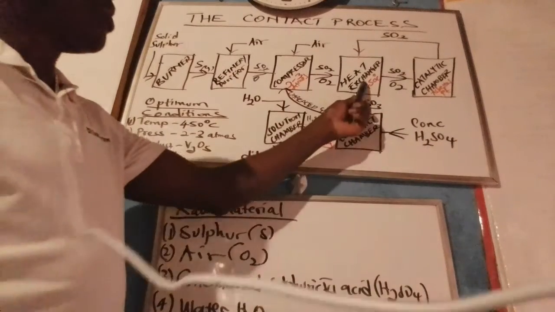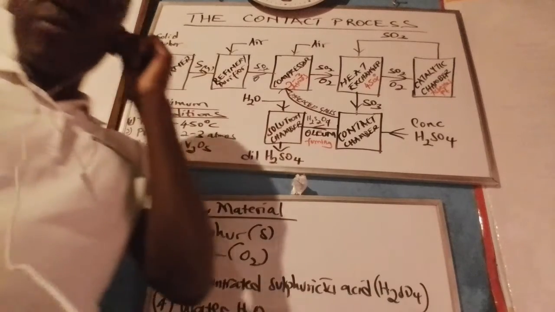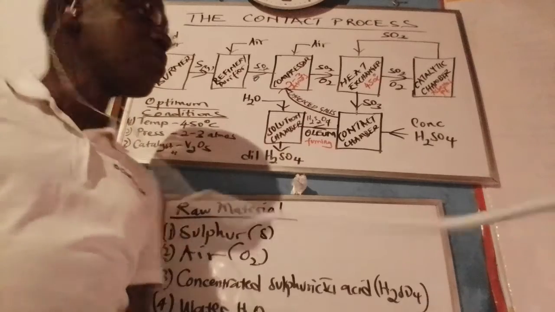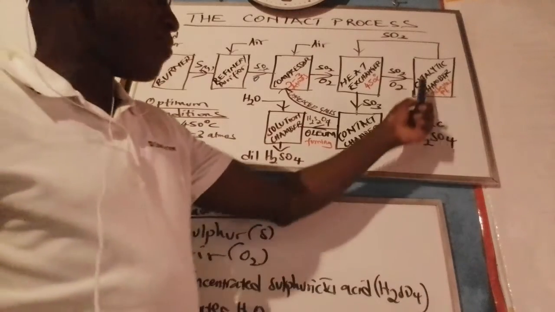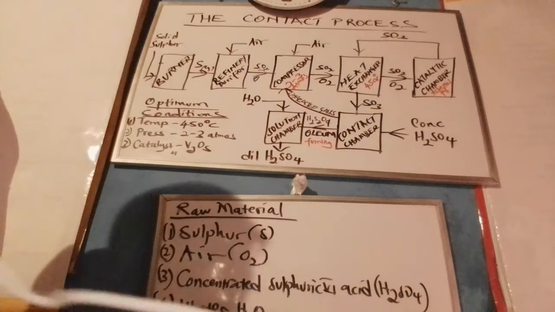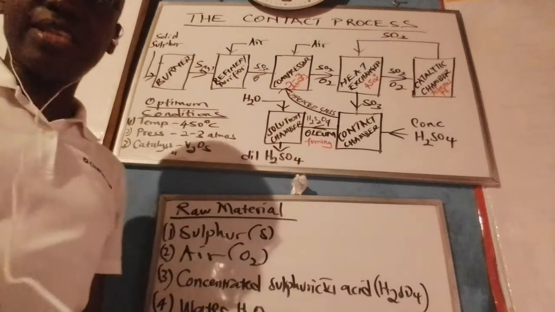At this point, there is effective interaction between the sulfur dioxide and oxygen gas, and potentially there will be formation of sulfur trioxide gas. However, since the process is slow, we need a catalyst, and that is fixed in the catalytic chamber, which is infixed and works together with the heat exchanger.